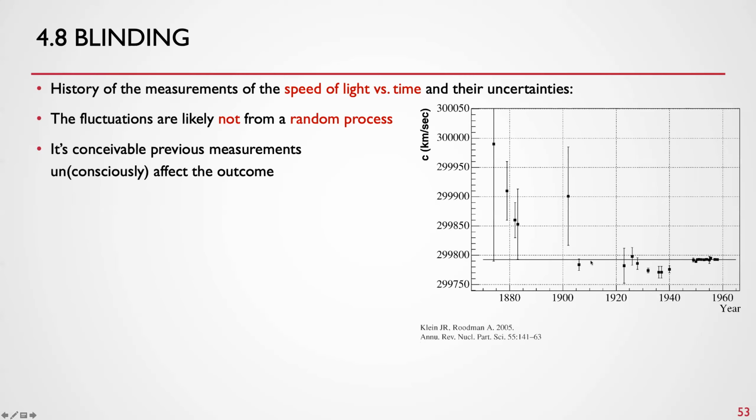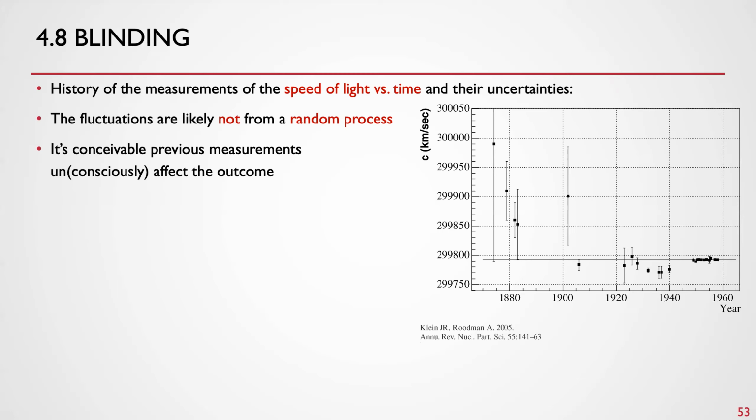And then all the following people found that number, until somebody found, yet with a smaller uncertainty, an even lower number. And then all the people found that number, until somebody in the 50s found a slightly higher value, and then everybody found that value, and now we think it's correct.